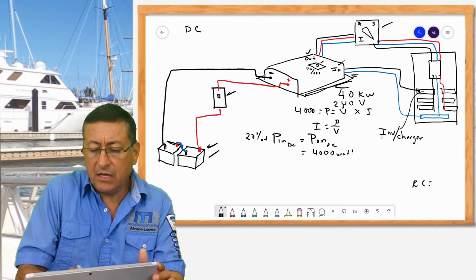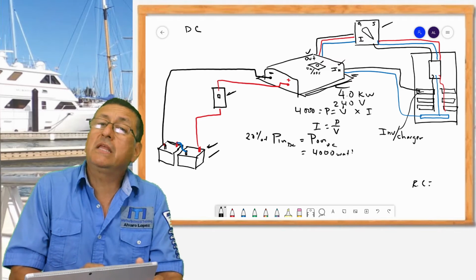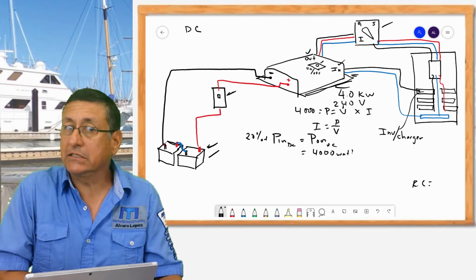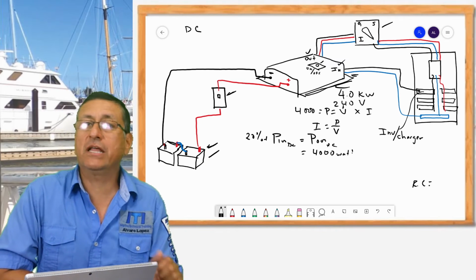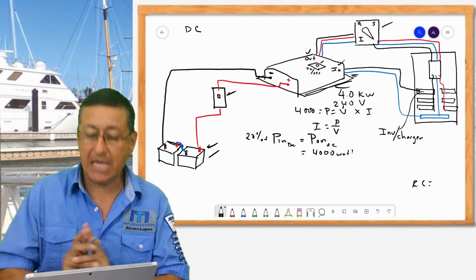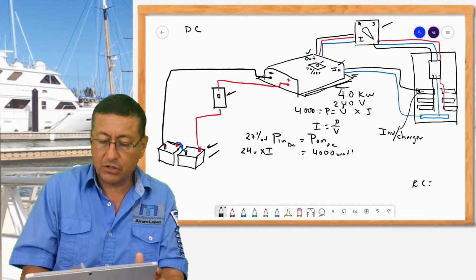And I have at the input, how much should the power at the input be if I connect the batteries in series? If I connect the batteries in a configuration for 24 volts DC. Okay, 24 volts times the intensity should be equal to 4000.